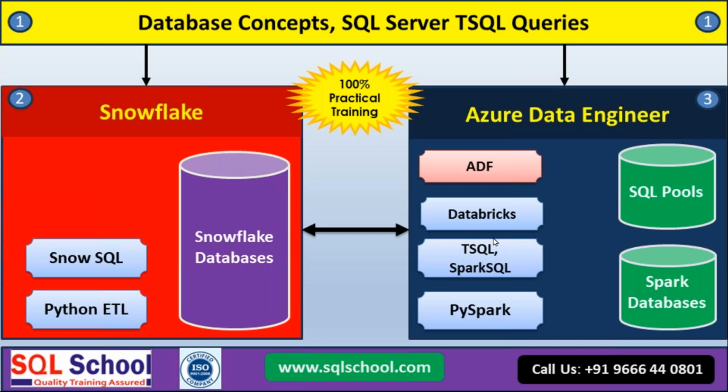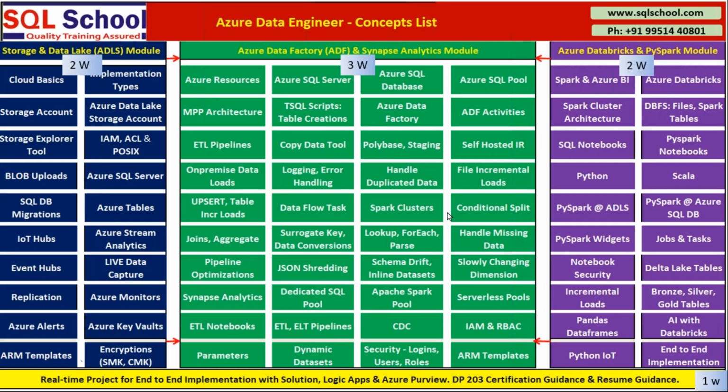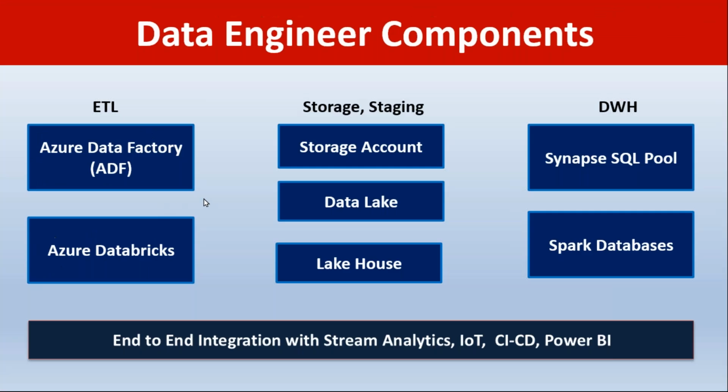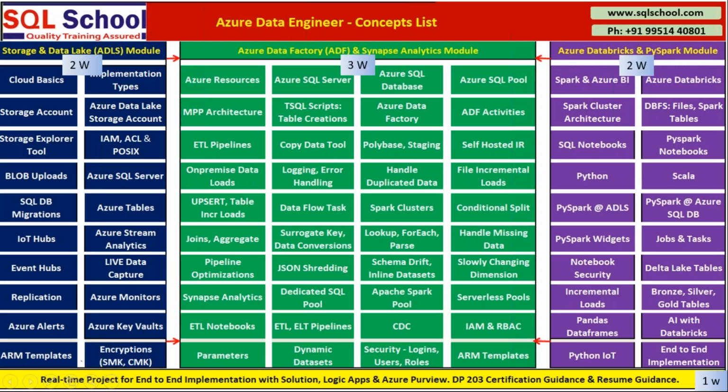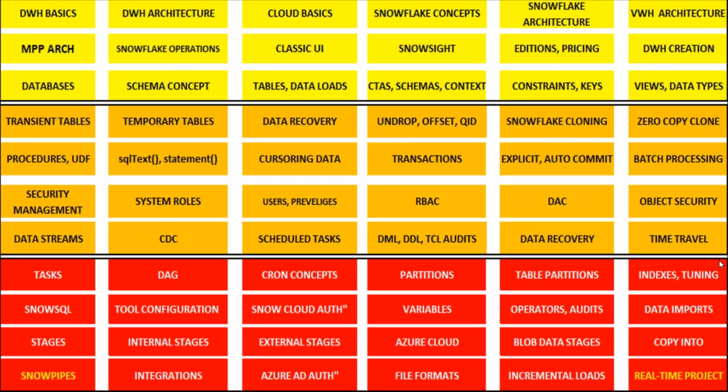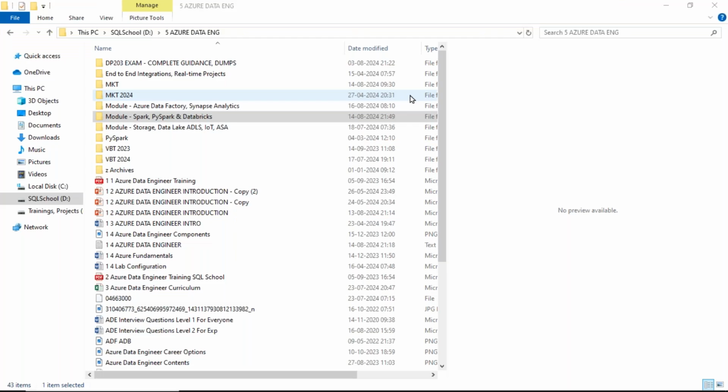With this information, our classes would be completely into the practice zone. From scratch, right from the basics, either you go for data engineering or you go for Snowflake. This is Snowflake content. Let's have a quick view on our notes.